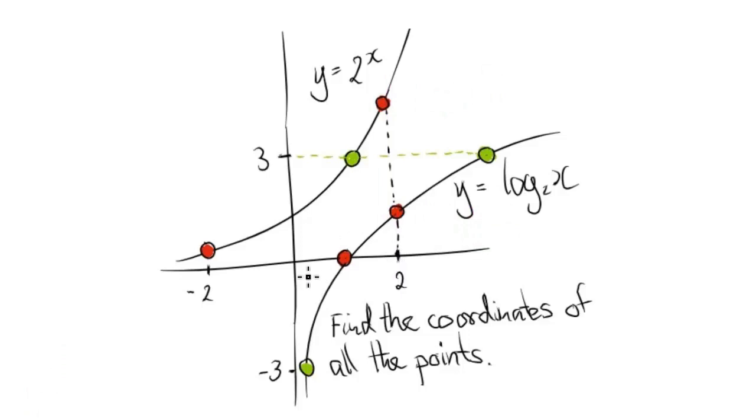Okay, so to do this, when x is 0, this will be 1, because when you put 0 into the x, it will be 2 to the power of 0, and anything to the power of 0 is 1. So we know that this must be 1. The log graph is always the inverse of 2 to the power of x.